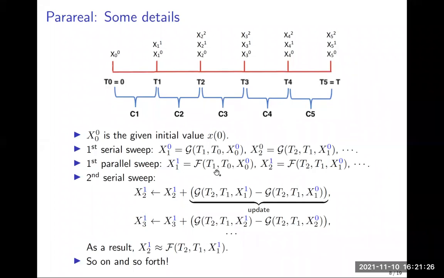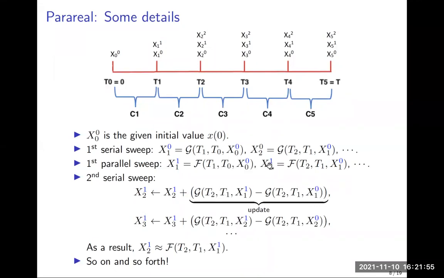All right, and then remember, I told you earlier, Parareal is a method that alternates between serial sweep and parallel sweep. So I've done one serial sweep, I've done one parallel sweep. So the next serial sweep, what I will do is the following, and this is a bit technical, but hopefully I can convince you why we need to do this. So this is an update.